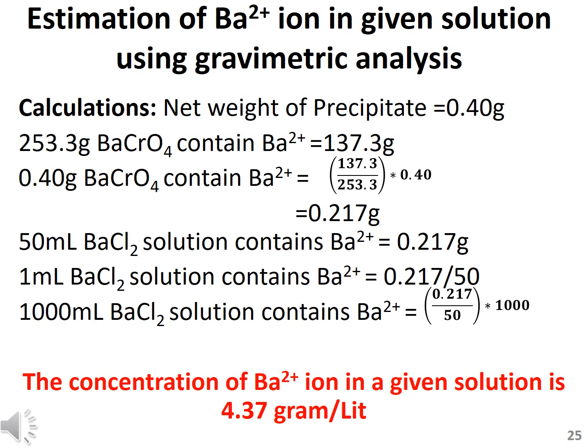So 1 ml of barium chloride solution contains, you can simply divide, and if you want to calculate in 1 liter of the barium chloride solution, you simply apply simple mathematics, and you can see here in this slide that the concentration of barium ion in the given solution is 4.37 gram per liter. So these are the calculations which were involved in the estimation of barium ion in a given solution by using gravimetric analysis.